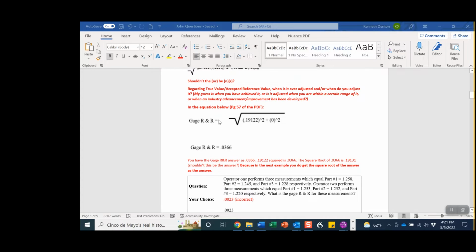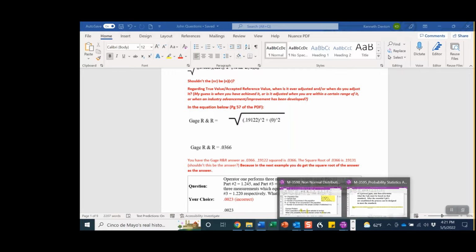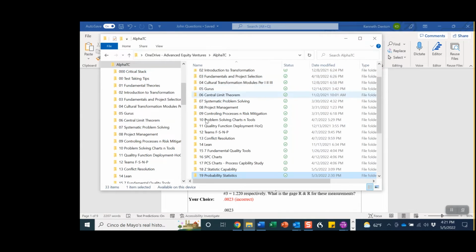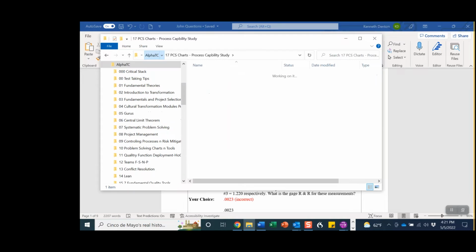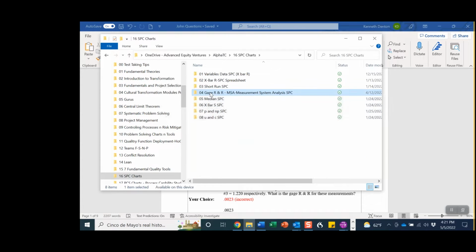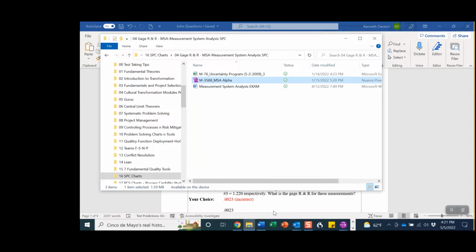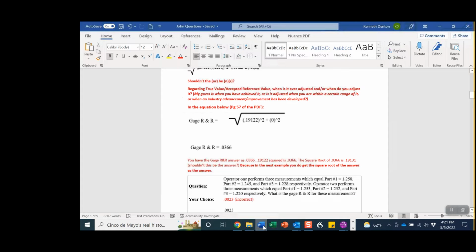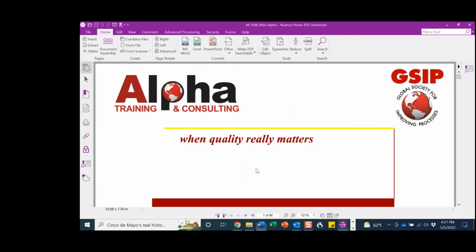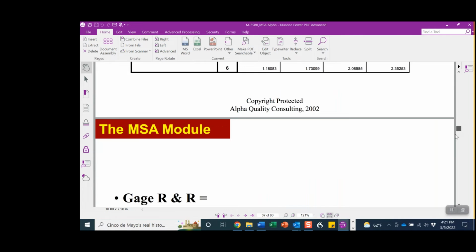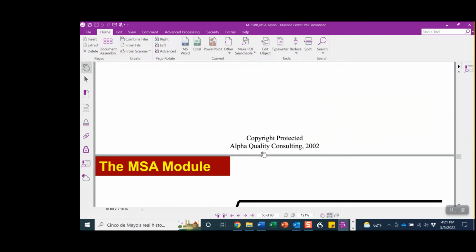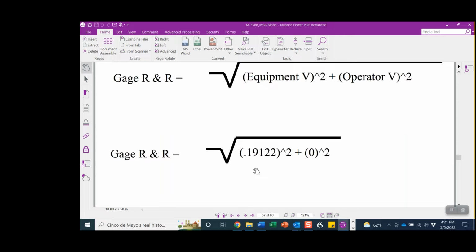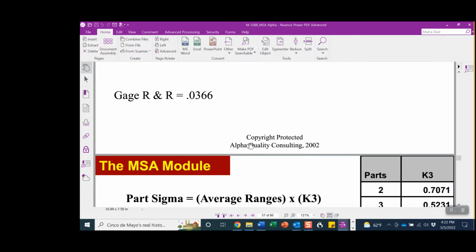I'd have to see the PDF on that one because I'm not sure what's going on. Let's see what page it is, and I'll pull it up real quick. Page 57 of that one, the non-normal probability gauge R. Okay, right here.